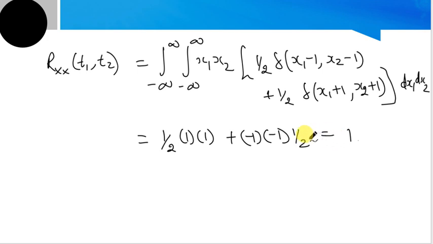So Rxx of t1 comma t2 is two dimensional. It is a two dimensional snake of block functions. So we will be having a straight line to represent our axis like this.